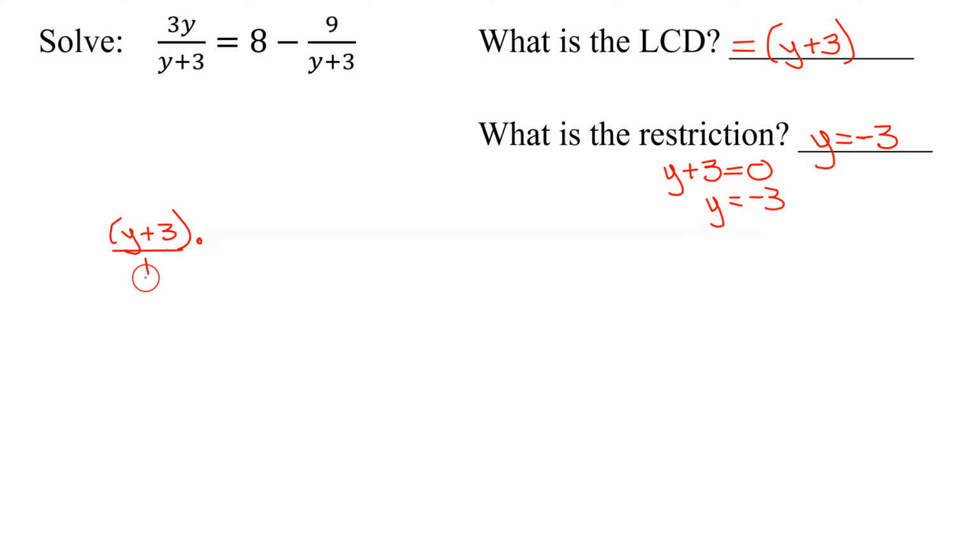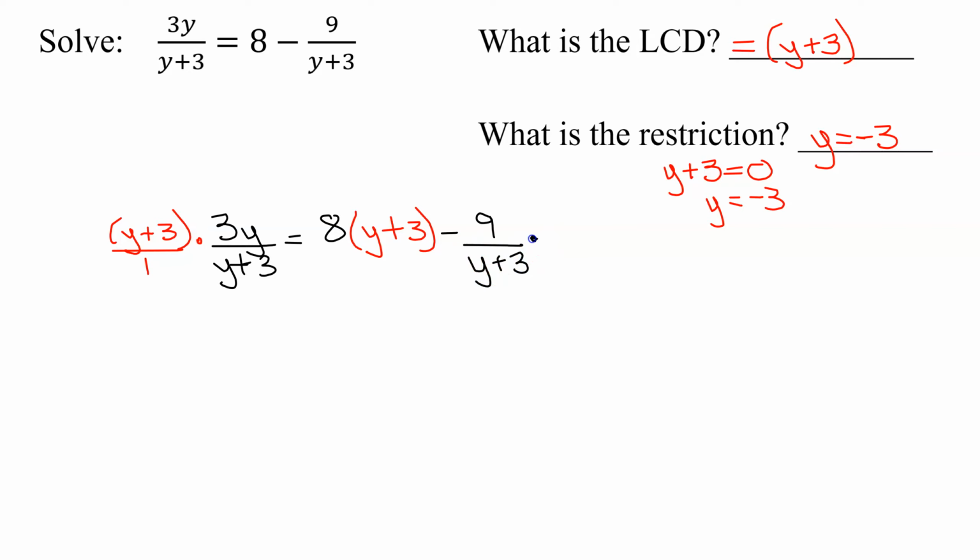So I'm going to have y+3 over 1 times my first term, which is 3y over y+3, equals, on the right-hand side, I have 8, and I'm going to have to multiply it by the LCD, but since 8 is a whole number, I'm just going to write my LCD as y+3, minus the last term, 9 over y+3. Again, I have to multiply it by y+3 over 1. And I've got to be careful.